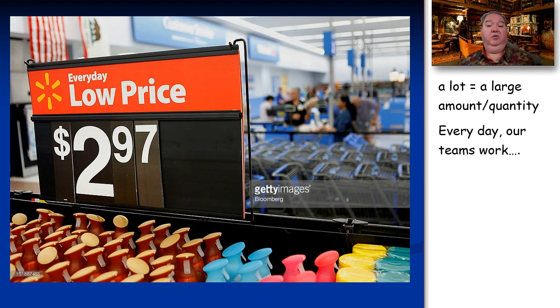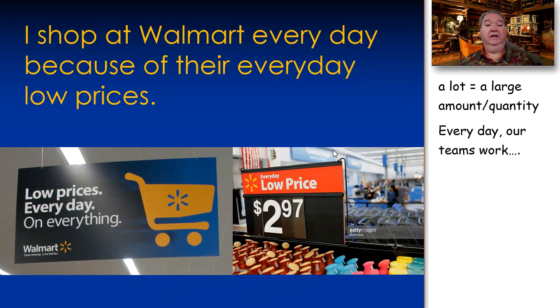It's our everyday low price, our normal low price. So we could say something like, I shop at Walmart every single day. I shop at Walmart every day because of their everyday low prices. Again, here, everyday is an adjective describing the low prices.